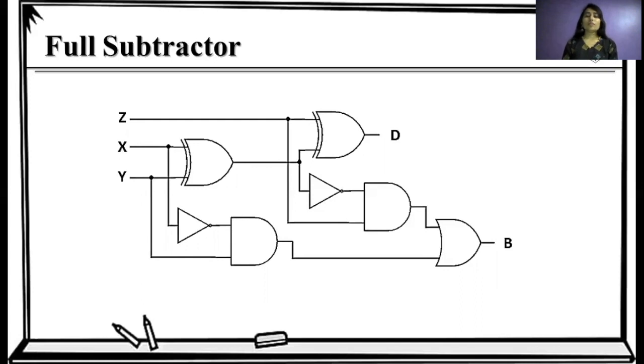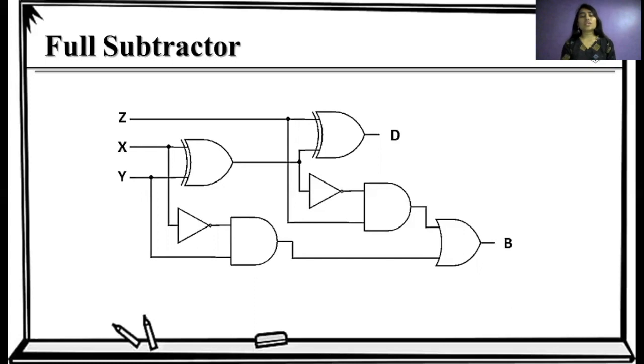For the borrow bit, we take first X'Y, then ANDing, then again Z, and this Z will be ANDed with the complement of X XOR Y, and then it will be ORed with X'Y. So we have the equation for borrow.